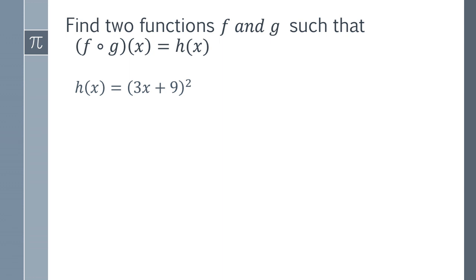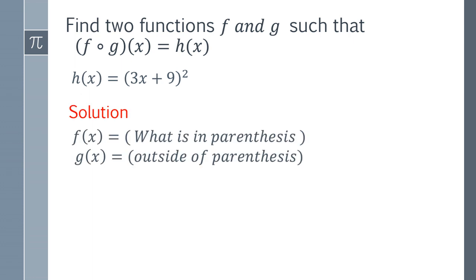The way I like to do it is starting out with what's outside the parentheses. Outside the parentheses, I have a squared. So that means that since f was first, the function for f would be, again, this is what I'm talking about, f of x, what is inside the parentheses, and g of x would be anything that's outside the parentheses. Oh, excuse me, inside the parentheses.